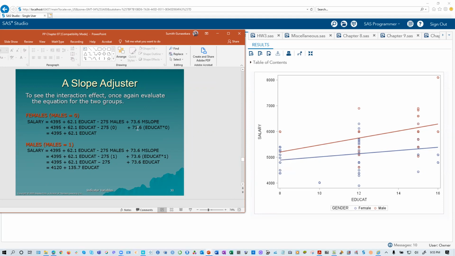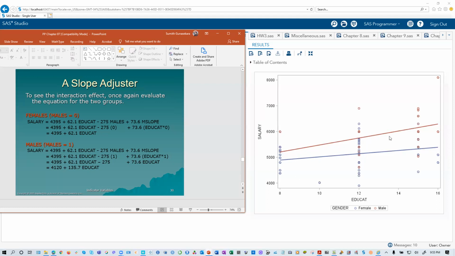But in the beginning, it looks like they both have the same slope, meaning their salary increment based on education level would be the same. But it looks like that's not the same. With respect to education, they're different.